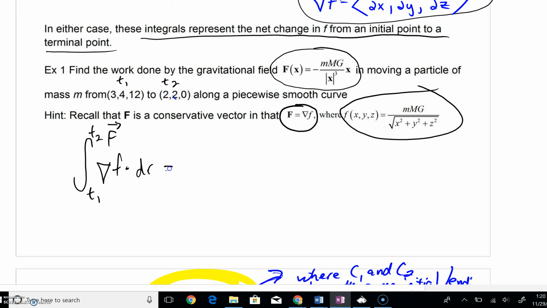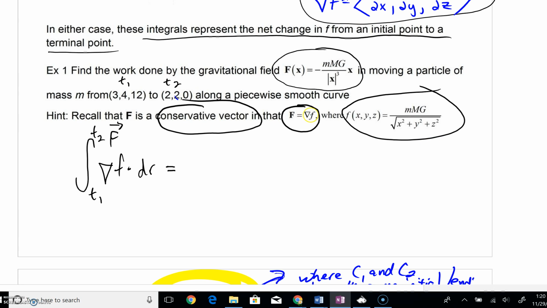But what we're really saying is, if you know this is a conservative vector field, if you know that capital F is the gradient of some little function f, then what you can do is say this is f of your ending point minus f of your beginning point.